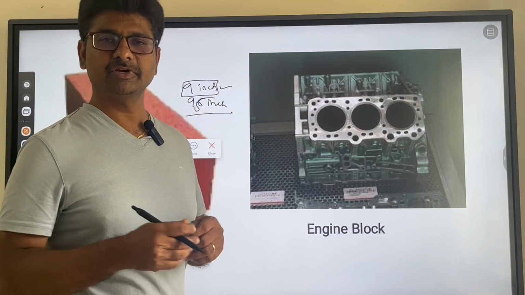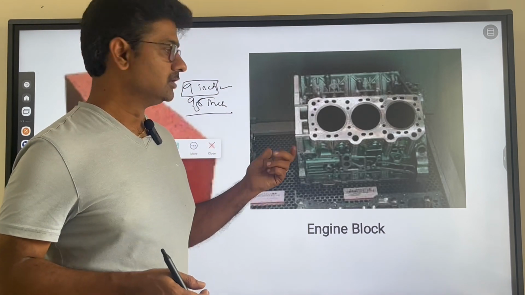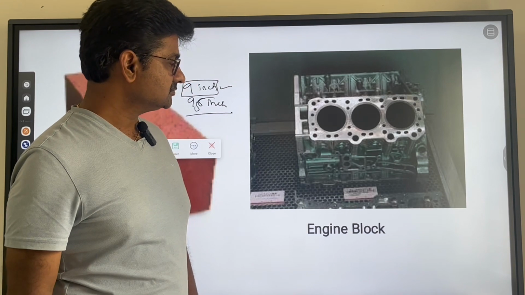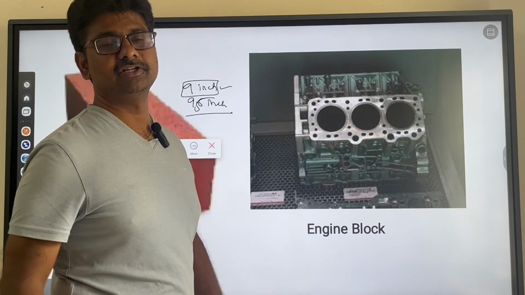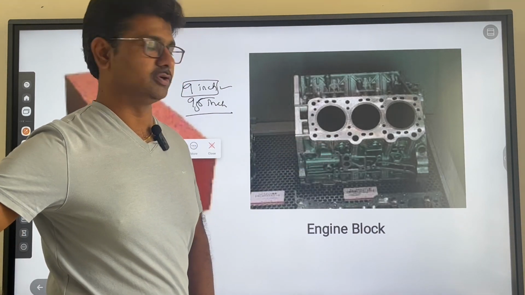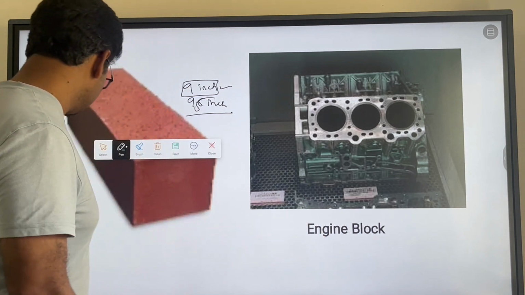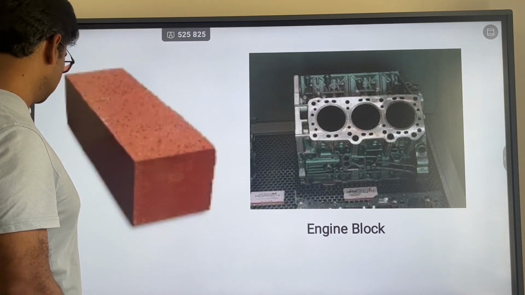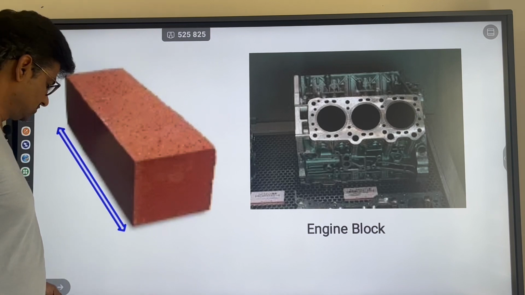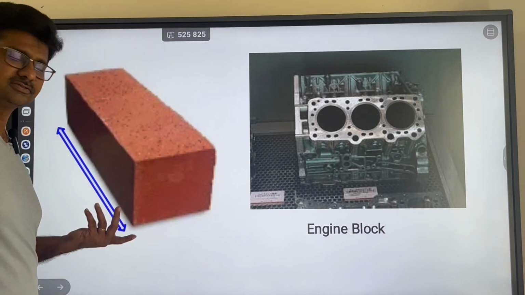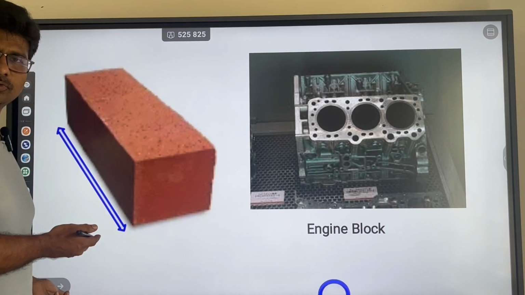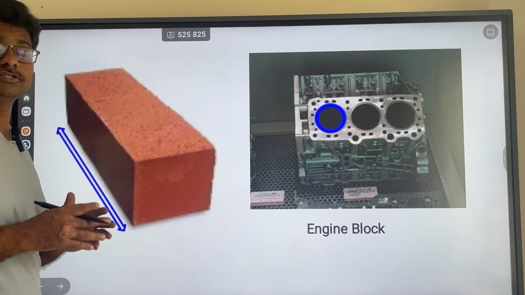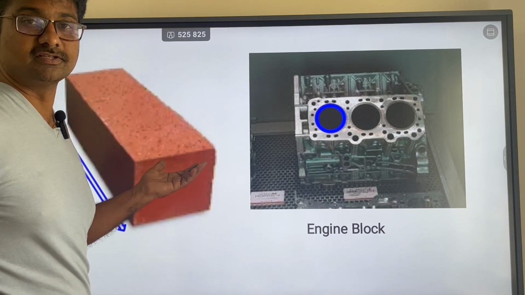So the measuring instrument need not be very accurate for this, but here the measuring instrument should be very accurate. Here I am measuring, it's okay, I can use any measuring instrument. I don't need a measuring instrument with high accuracy in this case.